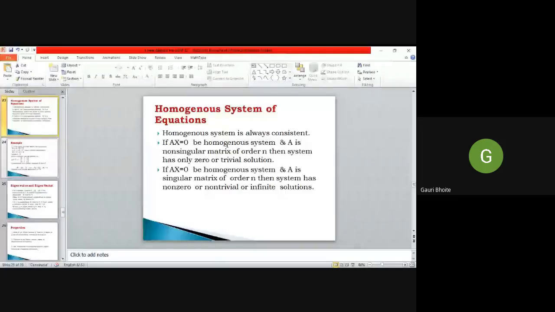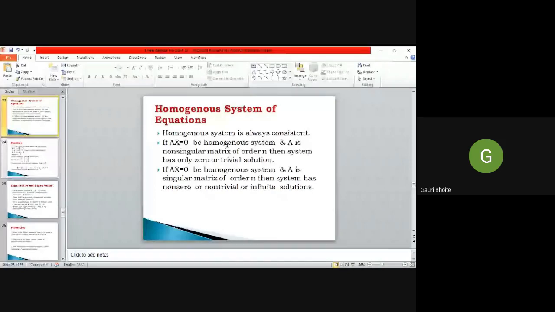If the rank of A is less than the number of unknowns, it has a non-zero, non-trivial, infinite solution. Again, if A is singular, it has infinite solutions. If A is non-singular, it has a unique solution. So based on these properties, we solve one example.